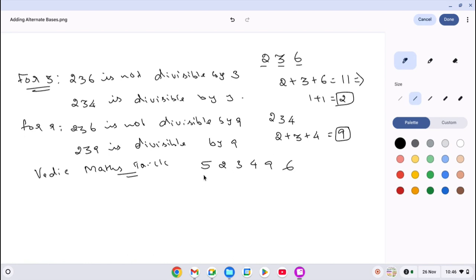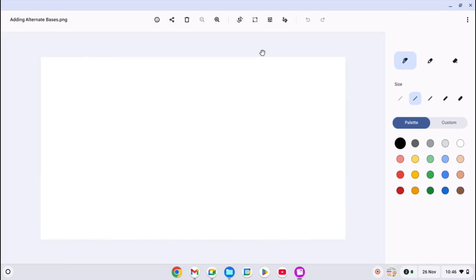So to avoid this toughness, there is a very important trick in Vedic maths, which is nothing but casting out 9.